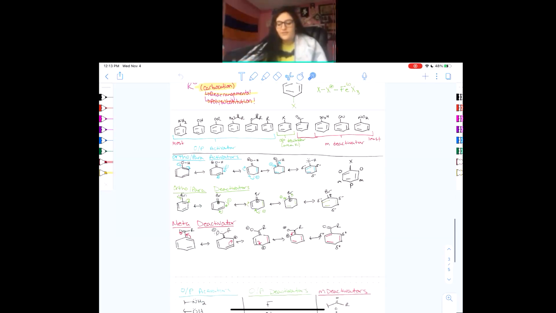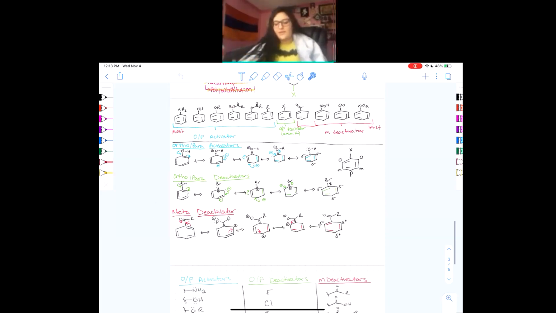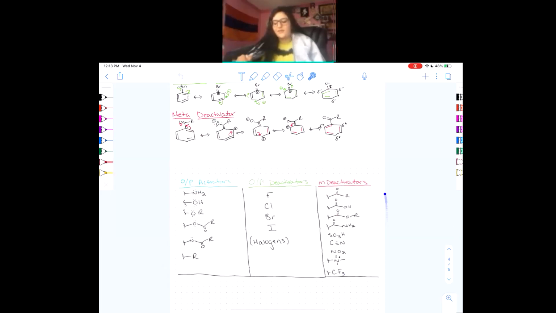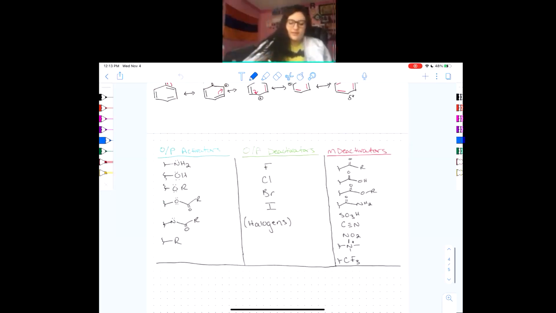And then it gives you the order of reactivity and the resonance structures to show you why it is the way it is. And then I give you all of the activators and deactivators in table form, just in case you don't like the list form. It goes in order. I think I forgot to mention this. So it goes from most activating to least activating, and same here.